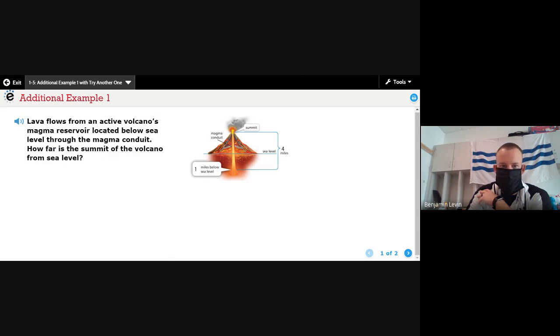I'm going to recreate our diagram. Make this a little bigger. That's good. So we got a volcano here.